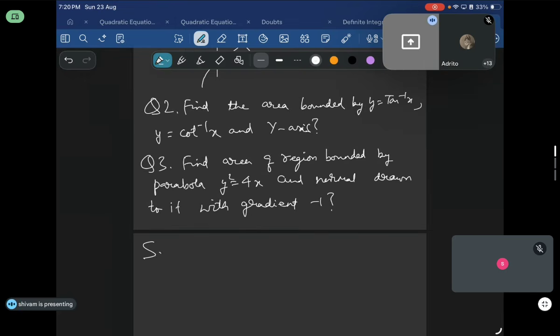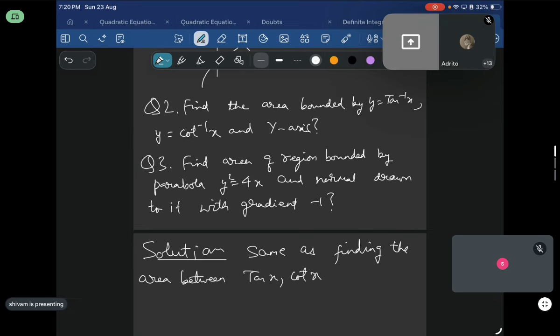Area bounded by tan inverse x, cot inverse x, and y axis. So it is the same as finding the area between tan x, cot x, and x axis.